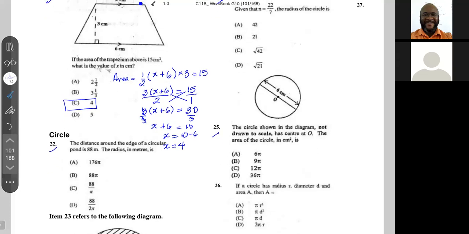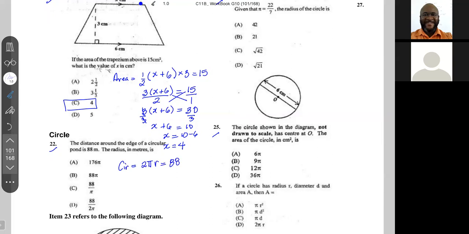Guys, number 22 says, the distance around the edge of a circular pond is 88. The distance around a circular pond is called the circumference. So the circumference, which is 2 pi r, is equal to 88.